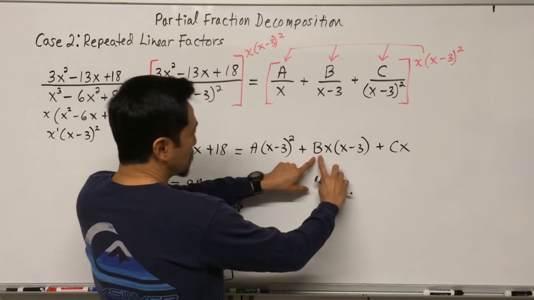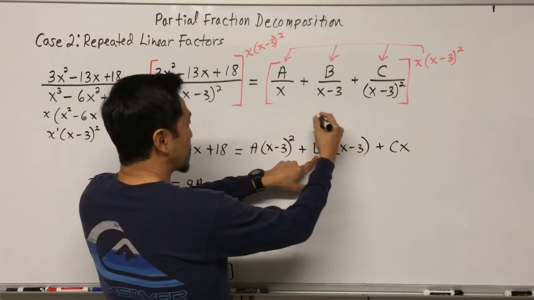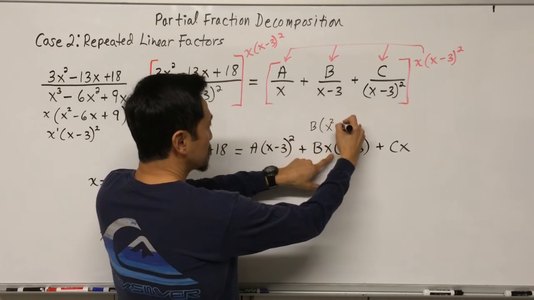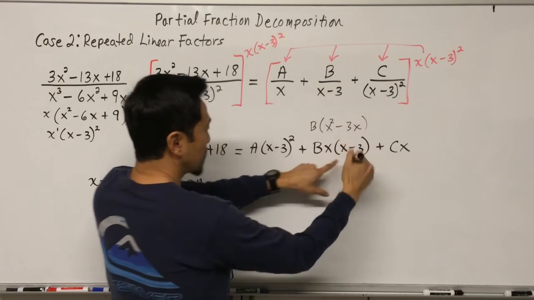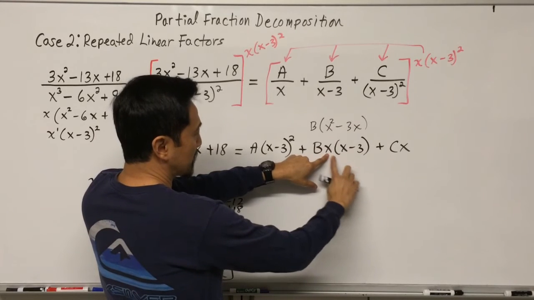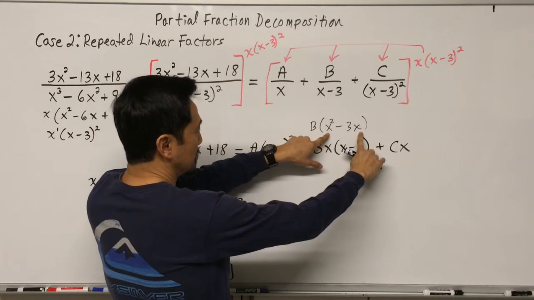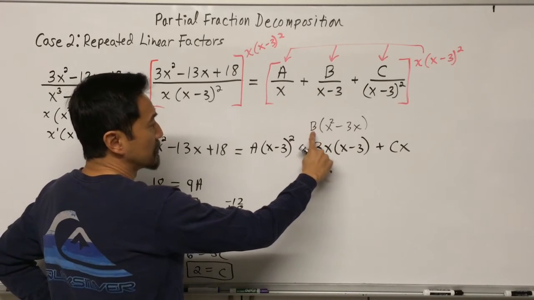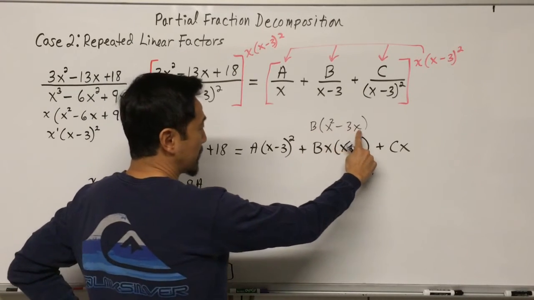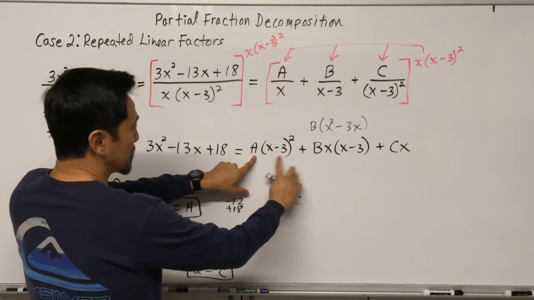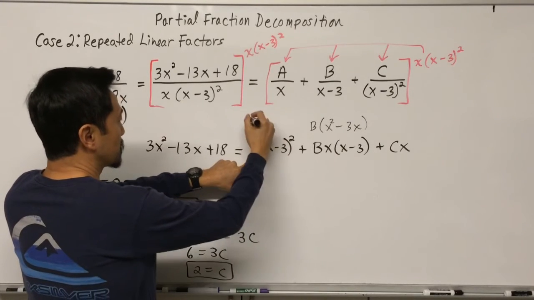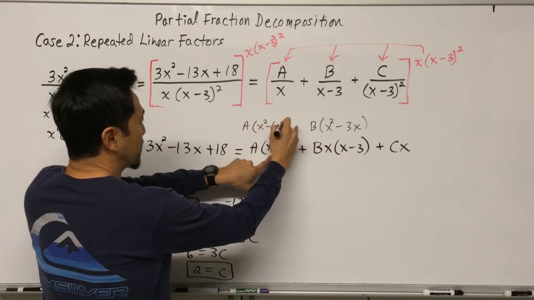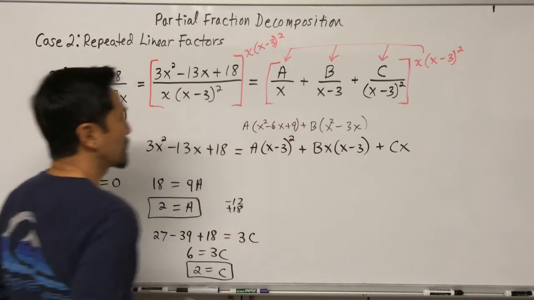If I need just b, then I notice that the b would be involved with an x squared term and an x term. Okay, so if I were to distribute this x, I'd get this. So that means that I can set up an equation that involves b using either the x squared terms or the x terms. Okay, but now I'm going to have to FOIL this out as well. I'm going to have a times x squared minus 6x plus 9. Okay?